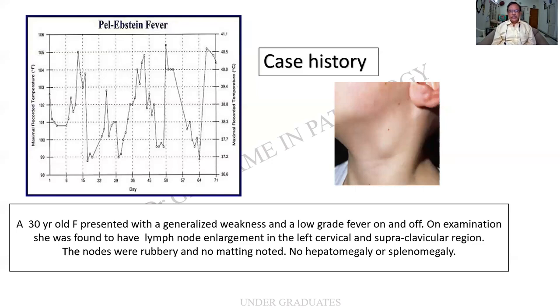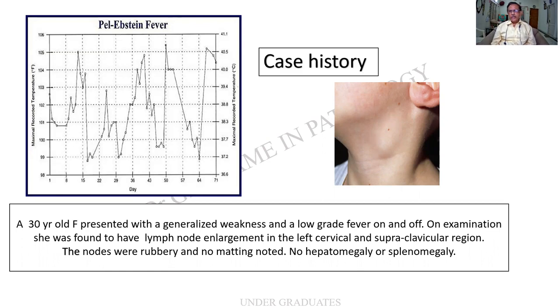A case history. A 30-year-old female presented with a generalized weakness, a low-grade fever on and off. And the doctor on examination found she was having a lymph node enlargement in the cervix and also in the supraclavicular region.